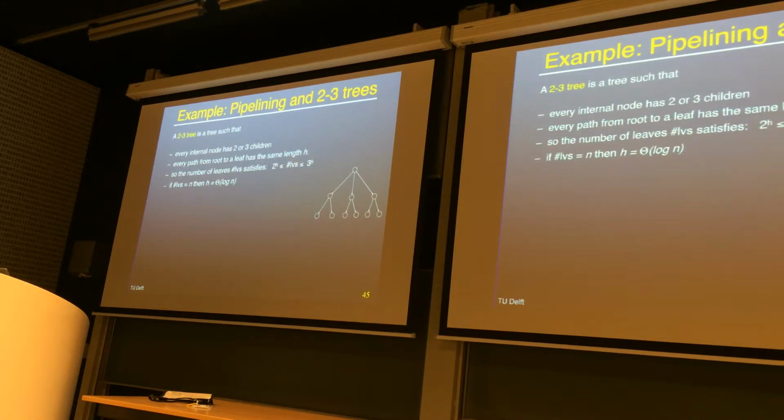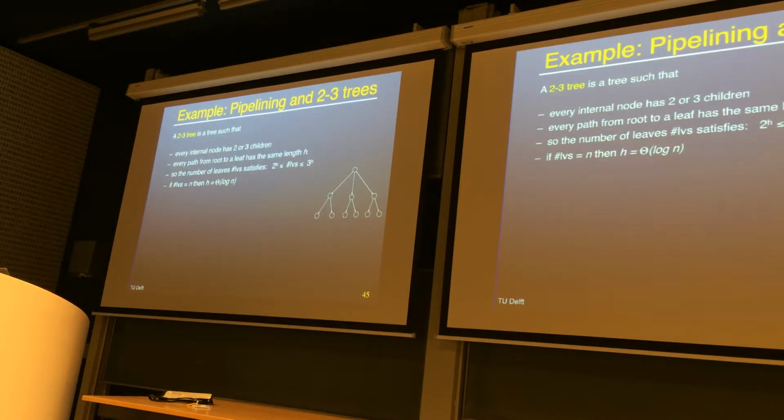Okay, so what's a 2-3 tree? Well, every internal node has 2 or 3 children. Here we have a case. Furthermore, every path from the root to a leaf has the same length, h.